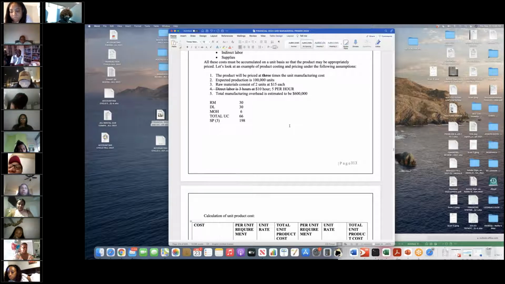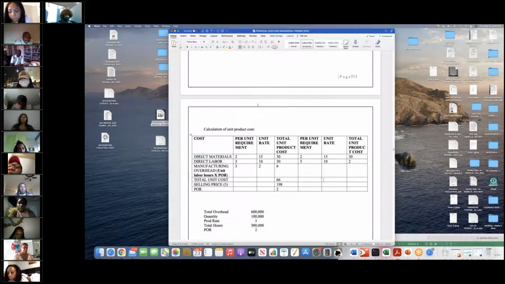Okay. So on every problem, you've got to decide: is it 3 hours to make it, or is it 5 per hour? If it takes 1 or more hours to make it, then you're going to multiply, as we did here.